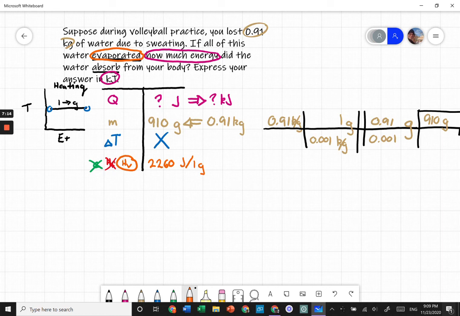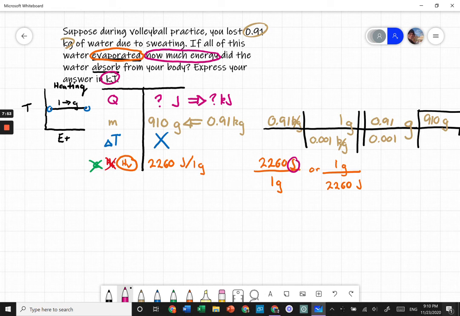Now, we can actually write this two different ways, and I always like to rewrite it just to see which one I want to use. 2260 joules of energy vaporizes, condenses, boils, or evaporates 1 gram of the substance. We can also write that 1 gram of that substance requires this much energy to vaporize, boil, condense, or evaporate. After I've rewritten my fraction both ways, I see what unit I'm solving for. My question mark is for the energy, joules.